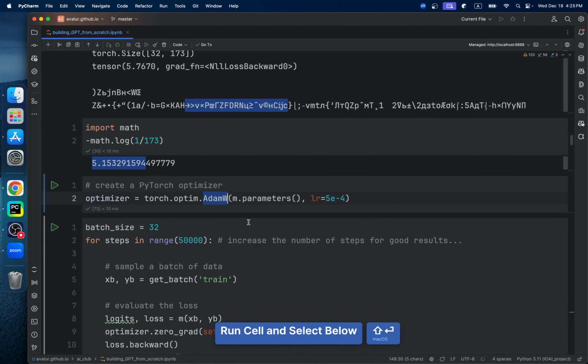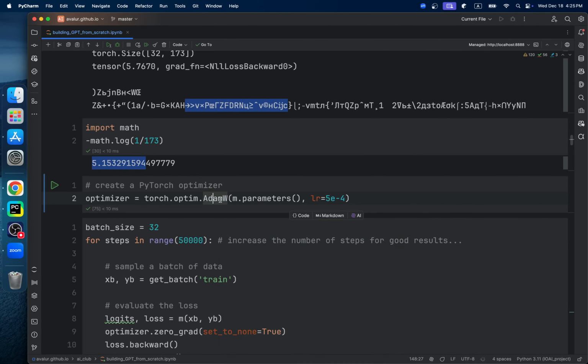As usual, we can choose either stochastic gradient descent, SGD, or some versions of other optimizers. So here we use AdamW, and Adam is an adaptive momentum optimizer. We simply state here that we want to optimize all the parameters of the model, and the model is the bigram model, with some learning rate.